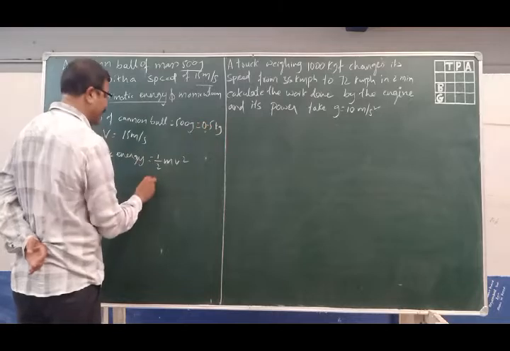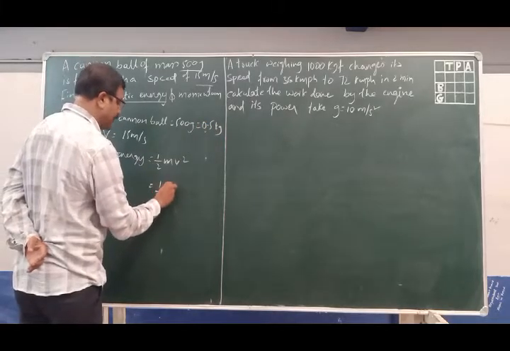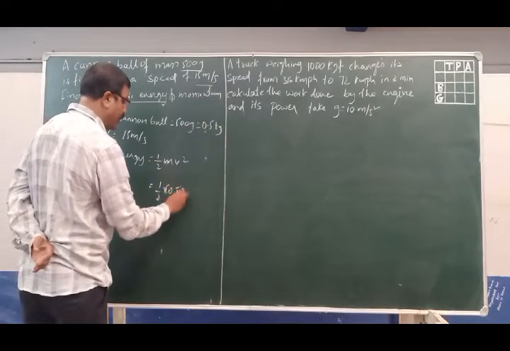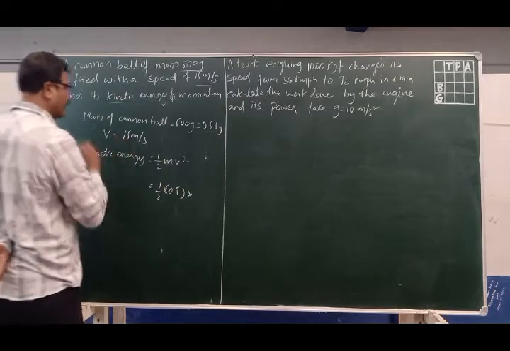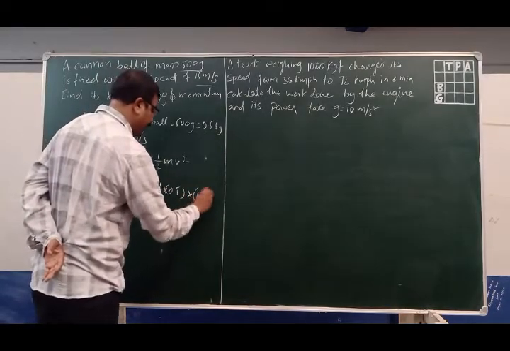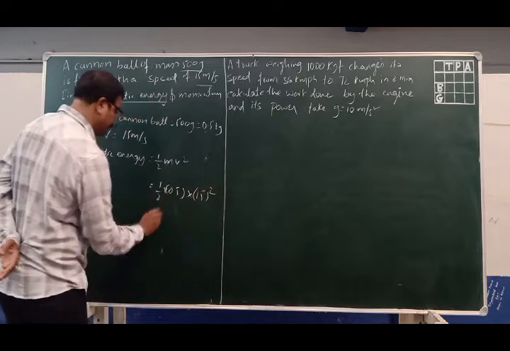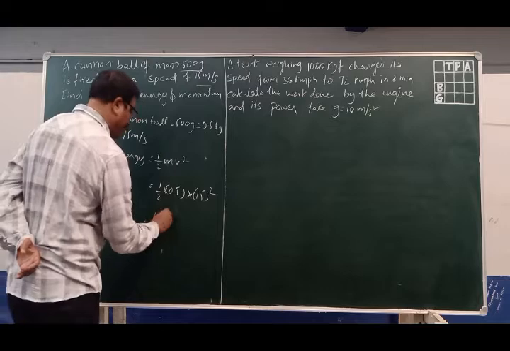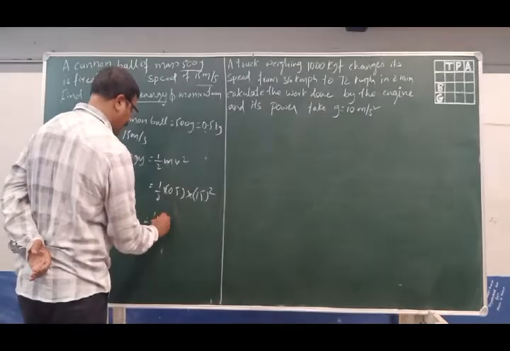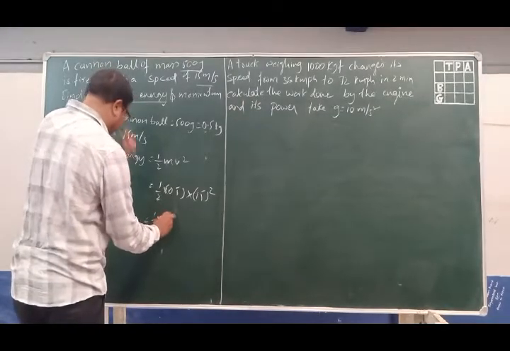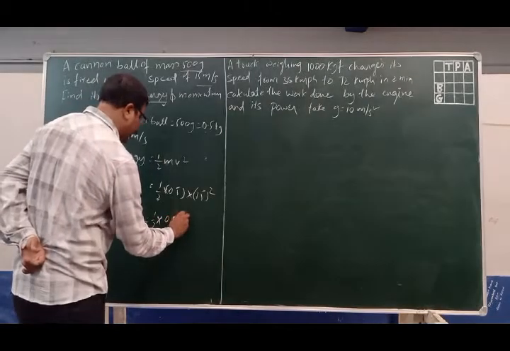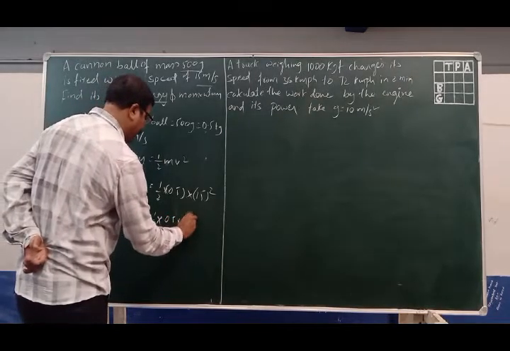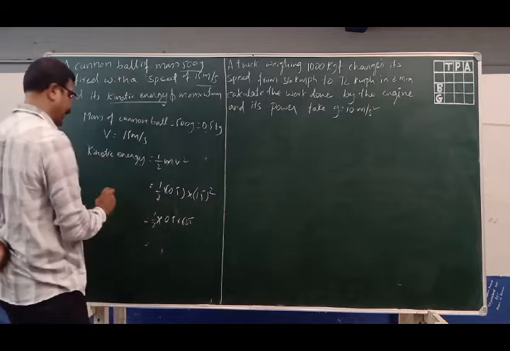So mass he has given as 0.5. I am substituting 0.5 into what is the velocity he has given, the speed he has given, 15 square. So half into 0.5 into 625. So that we get some kinetic energy here.